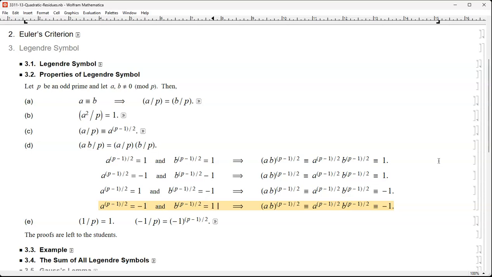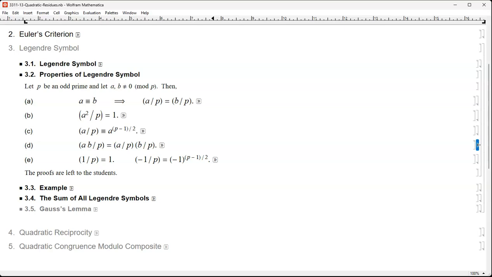Just like head, head; tail, tail; head, tail; tail, head. And for each, calculate and then see if this multiplicative property works out. It works out in the end. 1 times 1 is 1, -1 times -1 is +1, 1 times -1 is -1, kind of like that. And this is the least obvious, but the most useful aspect of the Legendre symbol, I would like to say.